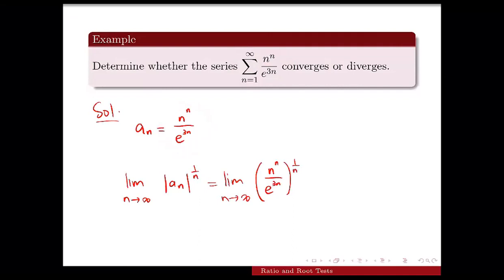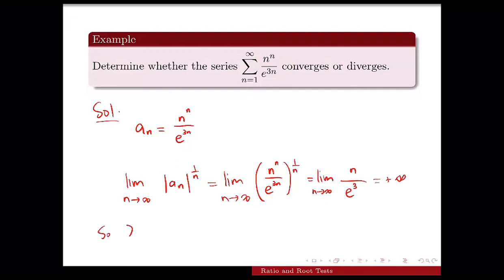And what will happen? n to the n raised to 1 over n, that's just n. And then on the denominator, e to the 3n raised to 1 over n, that's just e to the 3. So as n approaches plus infinity, this is equal to plus infinity.